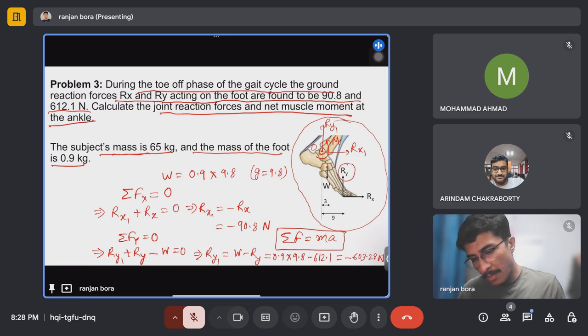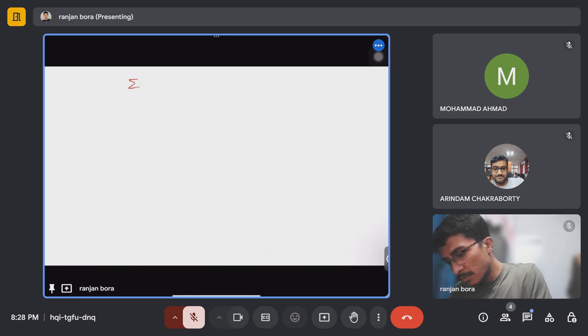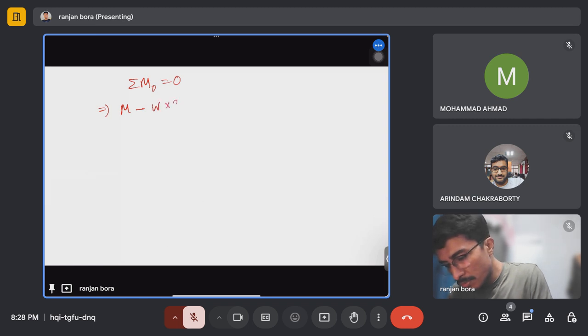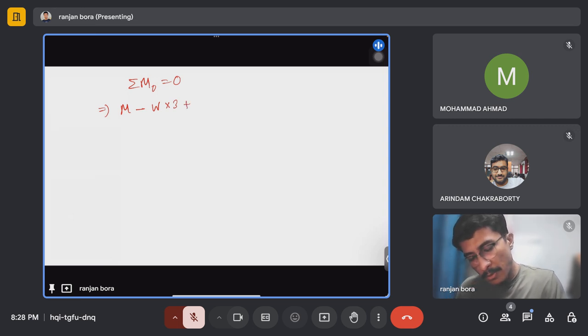Now we need to find the moment. Moment about point O is 0, and M is in the anticlockwise direction. We will take anticlockwise as positive, so M minus W. Ry will also produce an anticlockwise moment, Ry into 9.